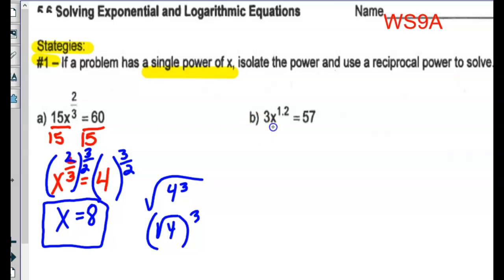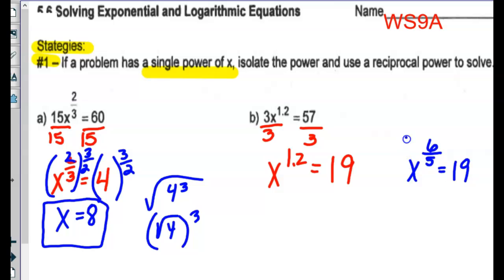All right, so can you do this one real quick? And feel free to just use 1/1.2 as your reciprocal. I don't care. I'm not going to judge. 1.2 is really 6/5. So you could raise both sides to the 5/6.